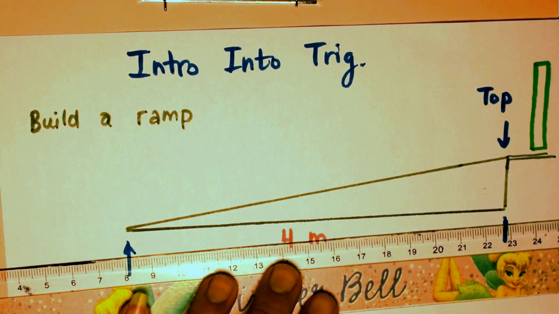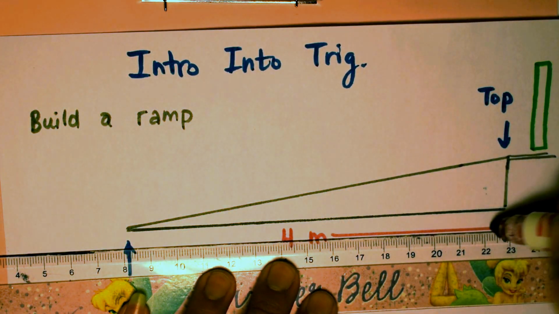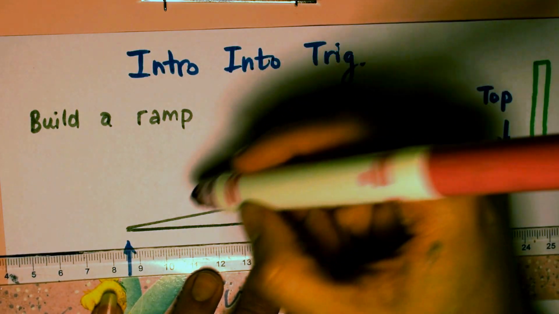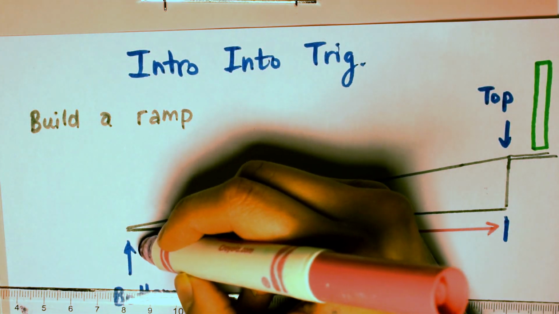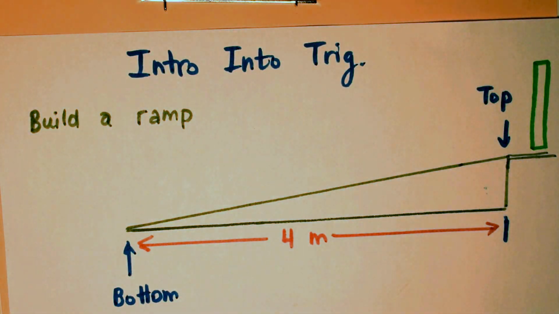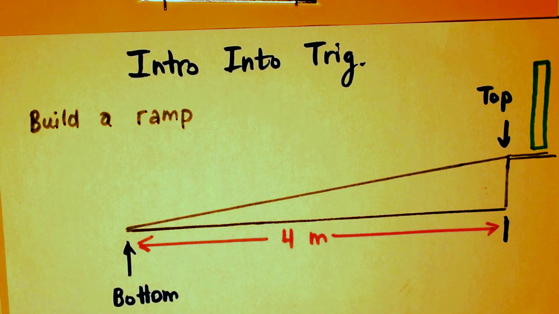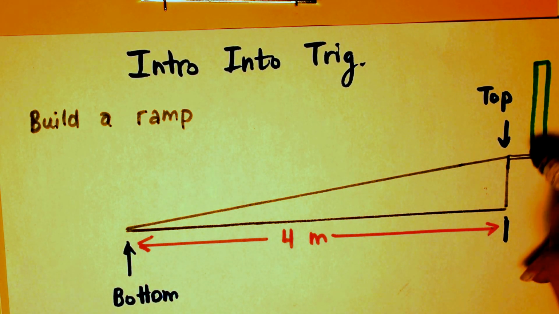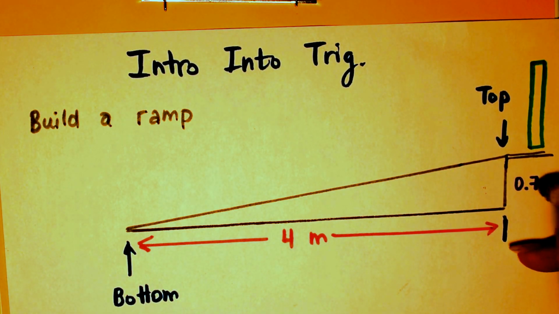So 4 meters is the distance from the bottom of the ramp to the top of the ramp. And let's say the height of the ramp is 0.5 meters. Is that too much? No, I think it's reasonable. Let's say 0.7, just for kicks. 0.7 meters.